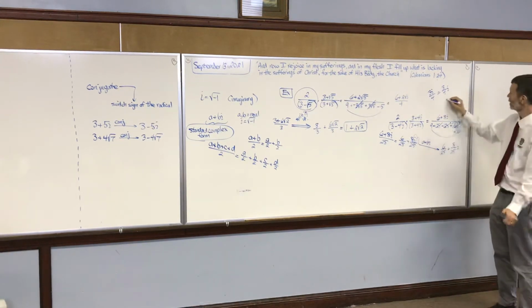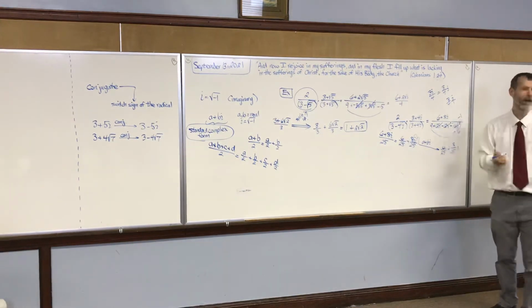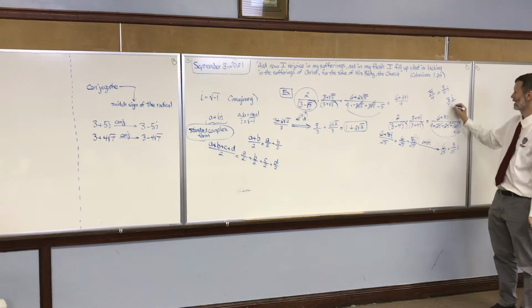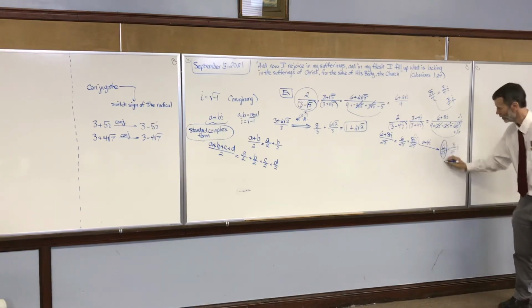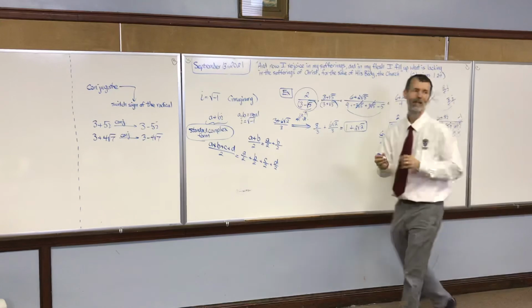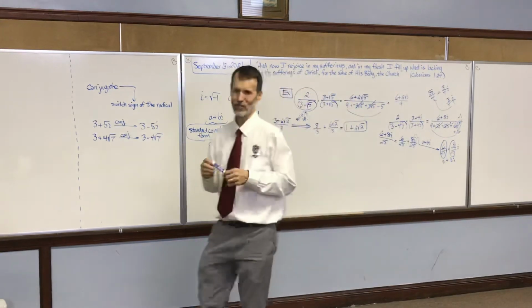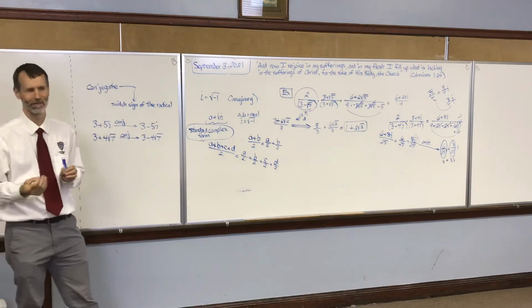The reason? 3/4 i is really 3/4 times i over 1. It'll give you the exact same thing. But I want to rewrite it as something plus something times i, where the i is separate. So that's what the book's going to be asking you to do: a plus bi, even if they're fractions.